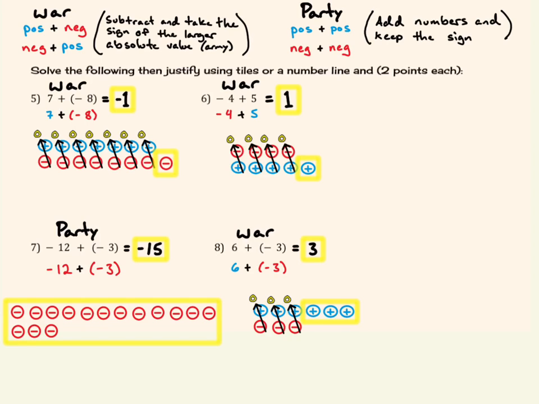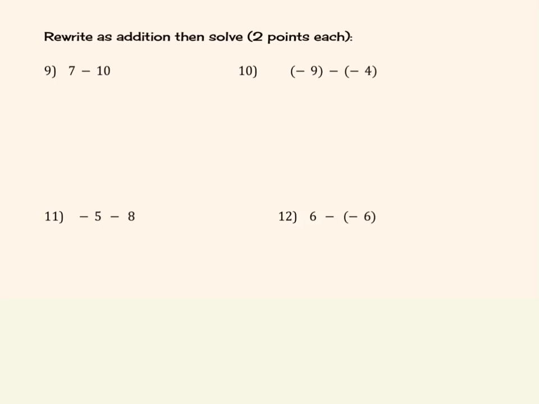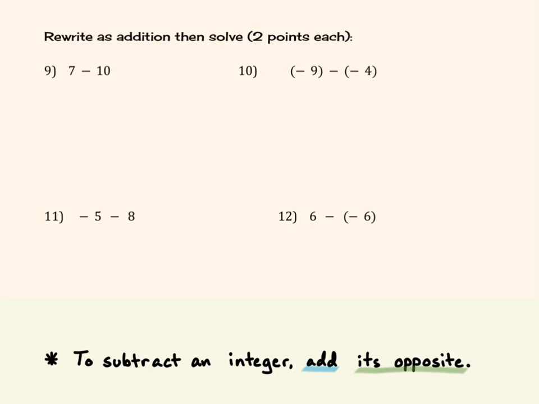Now we're going on to subtraction. So it says rewrite as addition, then solve. So I do need you to rewrite subtraction of integers as addition, then solve. So we say to subtract an integer, add its opposite. You'll see where I change it to adding in blue, and you'll see where I change it to its opposite in green.